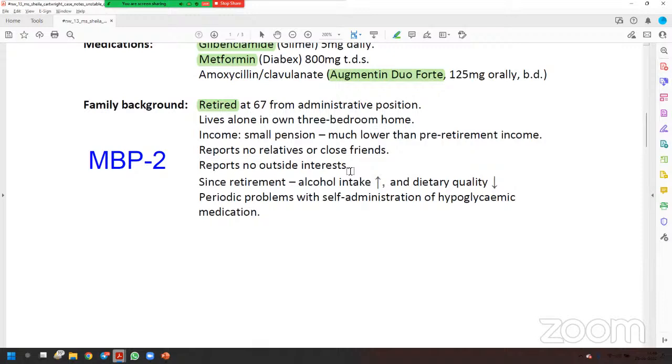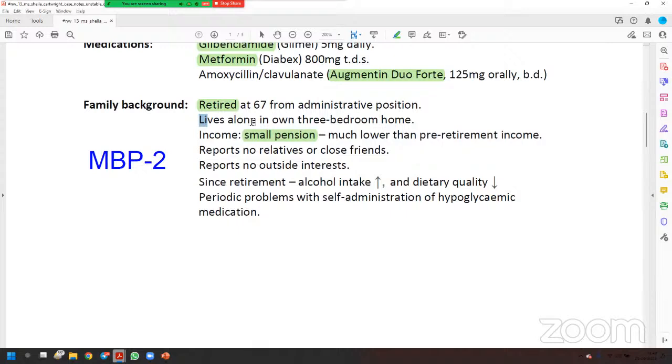And now what else we can talk about her here is income, small pension. So very meager salary. Small pension means meager salary. You can talk about that one. And then nobody is there. Loneliness. She lives alone. So nobody is there with her.